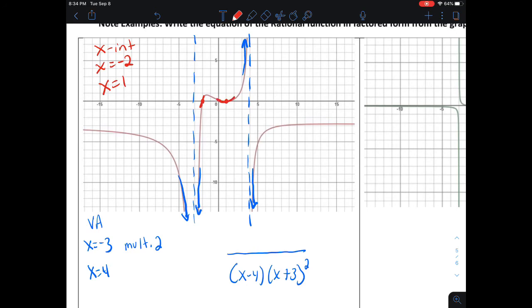It stays on the same side it was originally on, which means that there was a multiplicity of 2. And there are no other x-intercepts, so we can go ahead and put those factors where they belong. The x-intercepts are factors that make the numerator equal 0. So in my numerator, I'll have x plus 2, and I'll have x minus 1 squared.